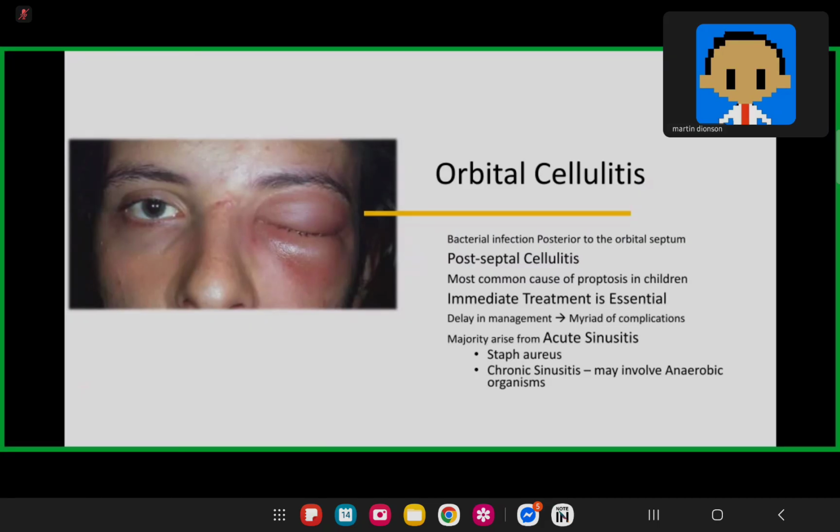If TED is the most common cause of proptosis in adults, then orbital cellulitis is your most common cause of proptosis in children. Immediate treatment is essential. That's why it's one of the emergencies or urgent cases for ophthalmology, because a delay in management leads to a myriad of complications.